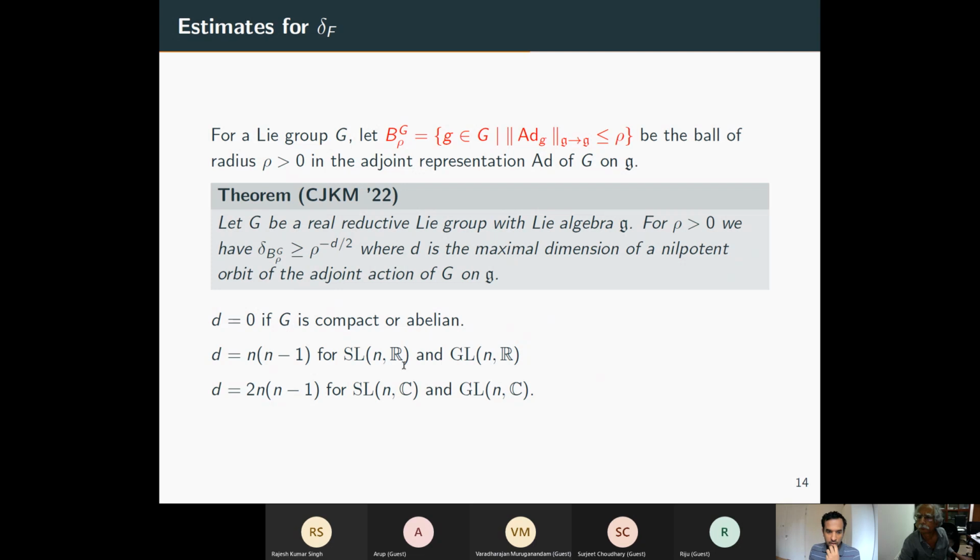But I don't think higher rank groups should be a problem. I have to really look at it, but I'm not sure at this time.